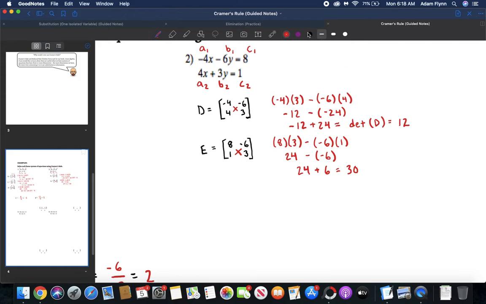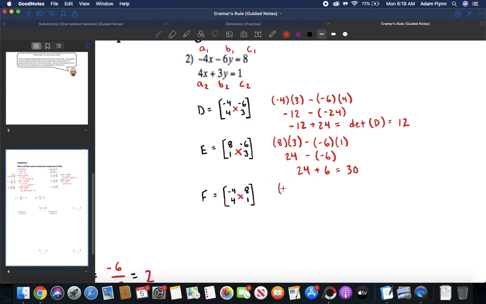Okay, and now I will do F. So for F, I've got my A's in my first column and my C's in my second column, so I'm going to have negative 4 and 4, and then 8 and 1. Find the determinant now, so AD minus BC.